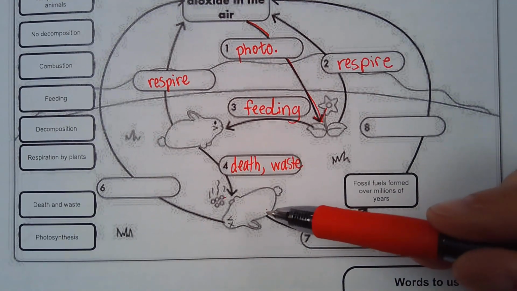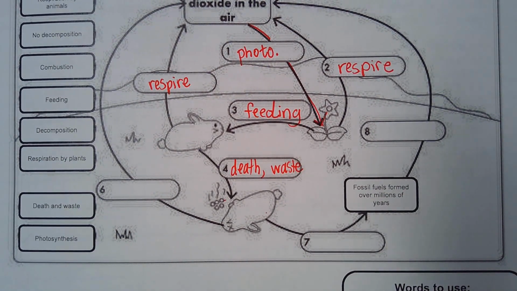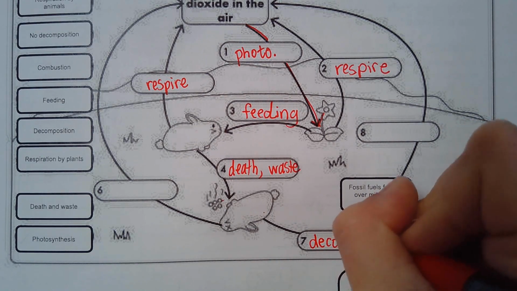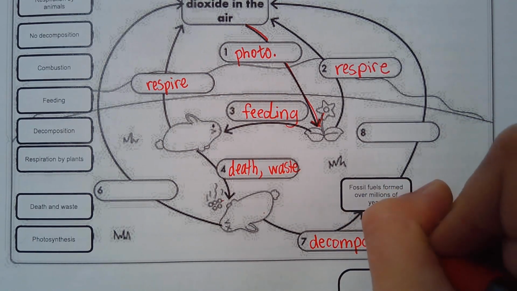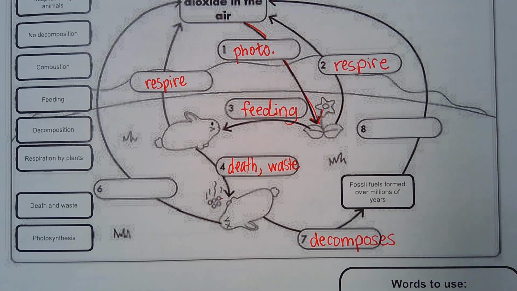So what happens to dead things and waste if something else doesn't eat them? Well, something always will eat it, the bacteria, the fungus, and that is called decomposition. So it decomposes. D-E-C-O-M-P-O-S-E-S.